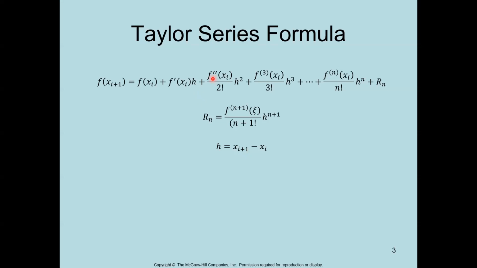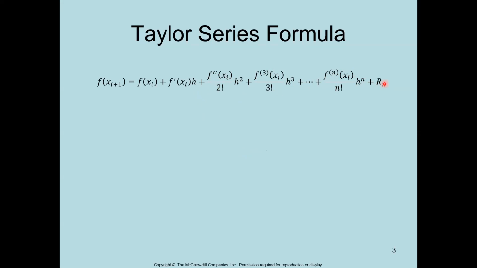Then we use the second derivative, and then the third derivative, up to the nth derivative. For each derivative, you divide by the same number's factorial: f''' divided by 3 factorial, and the nth derivative divided by n factorial.